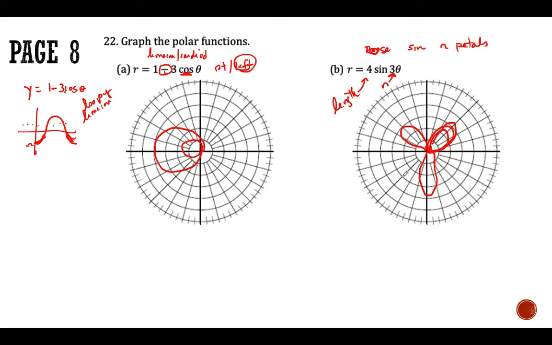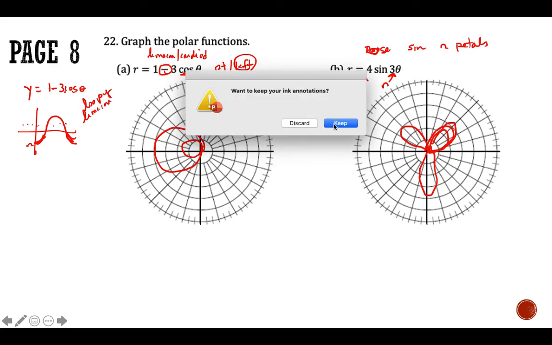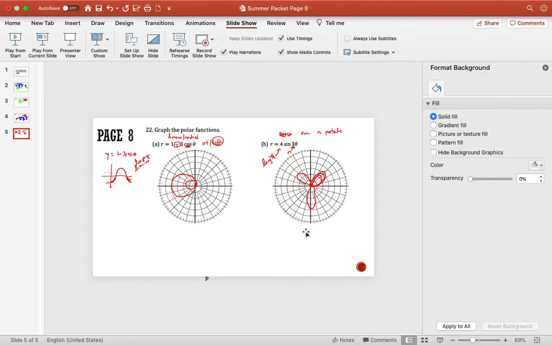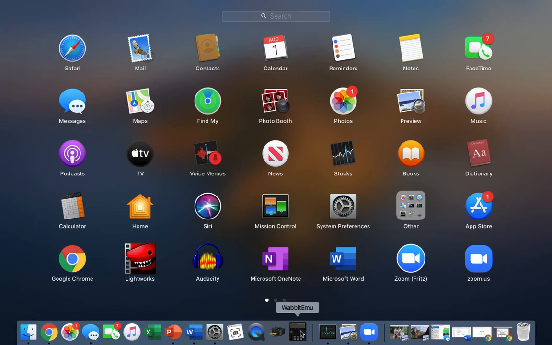But often you are given a calculator with polars. So let's get our calculator out and put it in polar mode.